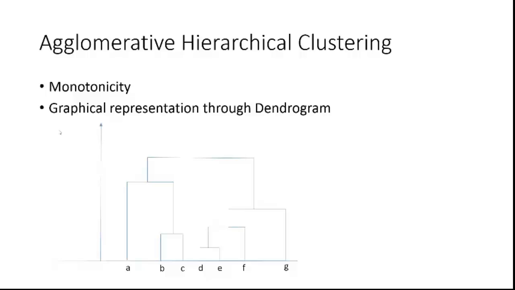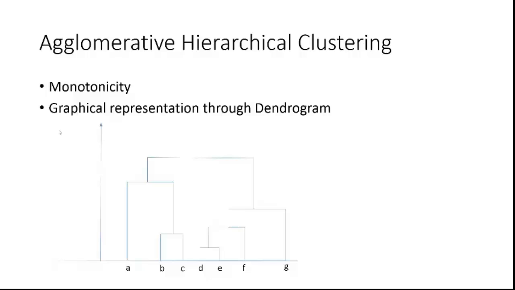When you think of the dissimilarity of a cluster which has just one data point, there is no dissimilarity. It's only when you have two data points that you can say these two data points are different by this much. So with agglomerative clustering, in some sense, the more data points you have in a cluster, the greater the amount of dissimilarity there. And that monotonicity is strictly maintained with agglomerative clustering.